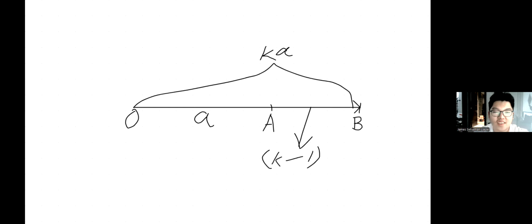Why does this work? Because all the points are collinear. And if the points are collinear, then we can express the vectors in terms of, again, scalar multiples, right? Yeah.